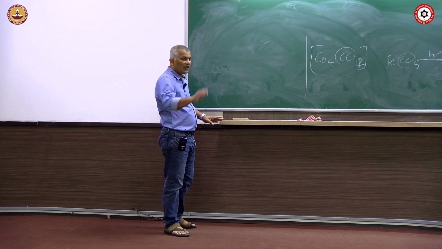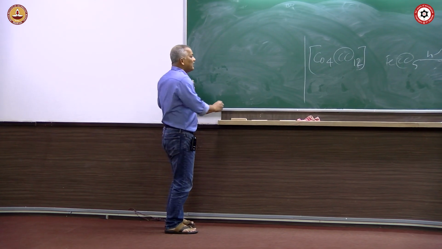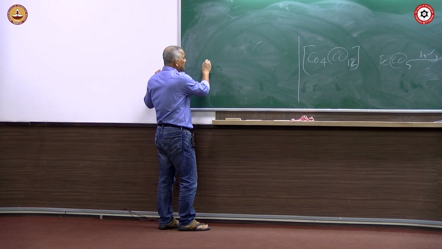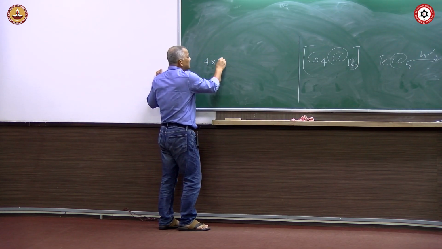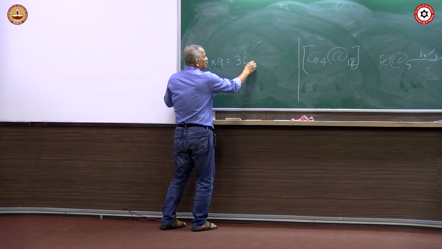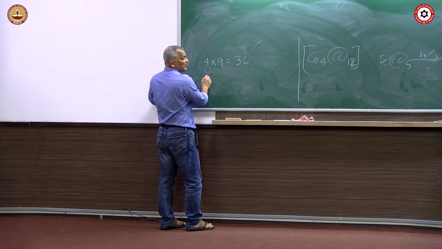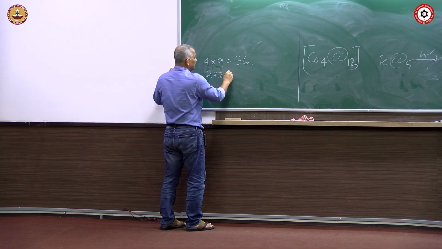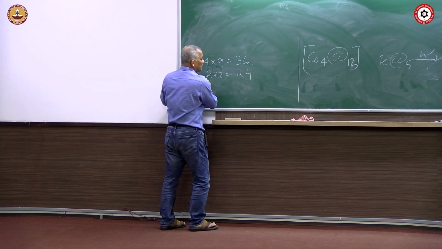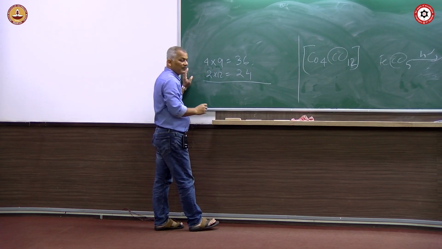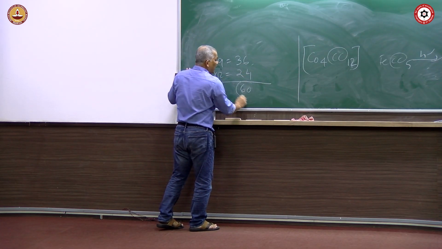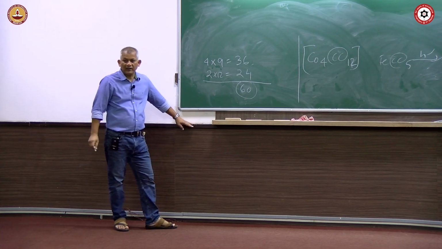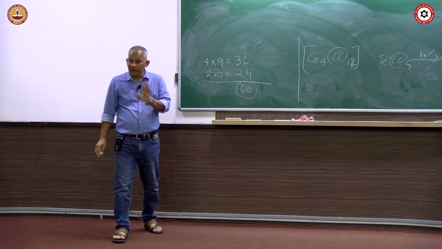Now, let us see how many electrons. Cobalt, how many electrons? 9, times 4, 36. CO 2 into 12, 24. Total how many? 60. How many metals you have?